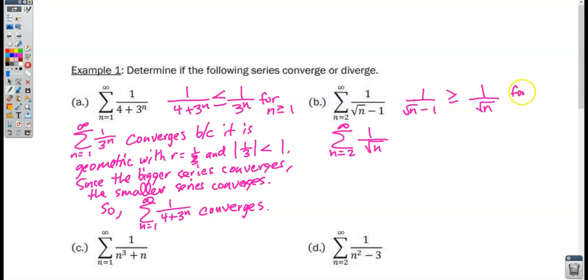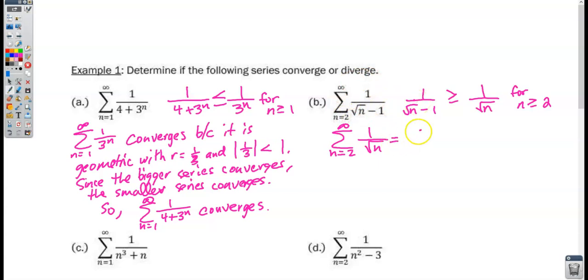And this is true for all n values greater than or equal to 2, which is our lower index of summation. So looking at this, the series that I'm comparing it to is smaller than the series whose behavior I'm trying to determine. So I'm hoping that this is divergent, because if it is, then this bigger series has to be divergent as well.